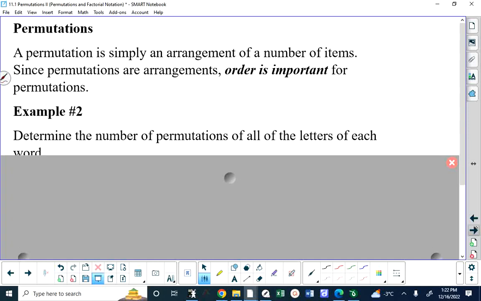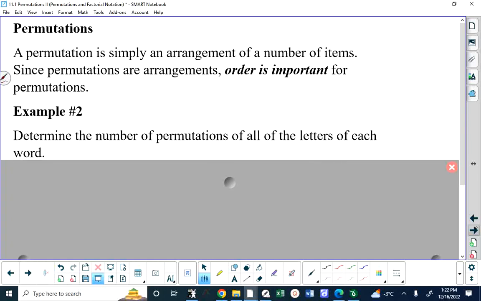Example 2. The only reason why example 2 is different than what we could have asked yesterday is it's using the word permutation. So you already know how to do this. How many permutations are there of all of the letters of the word Regina? 6 factorial, right?